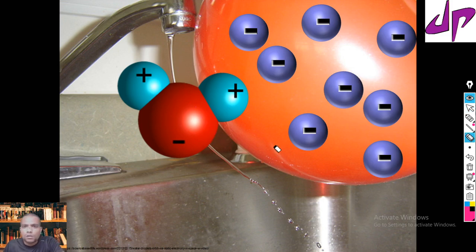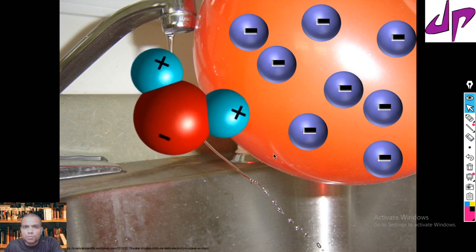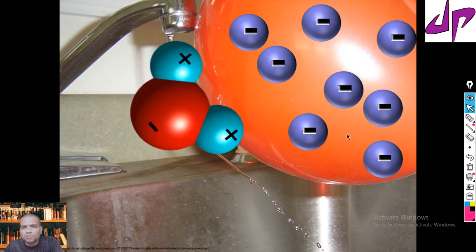Now if we bring this negatively charged balloon close to the water, the bending of water happens because the water molecule contains positive charge.